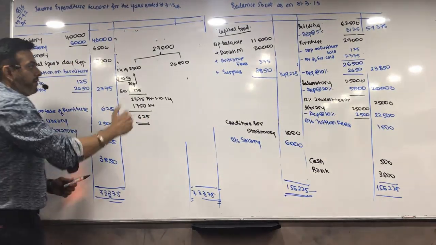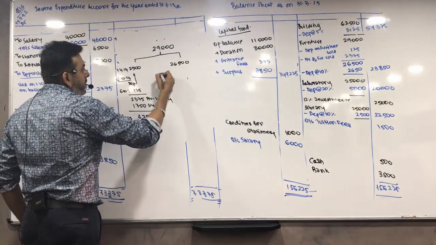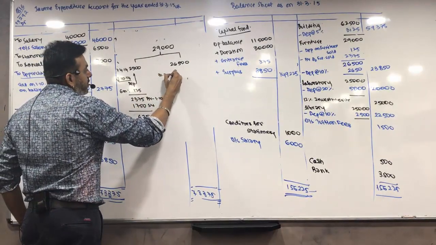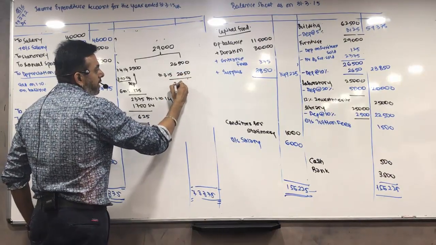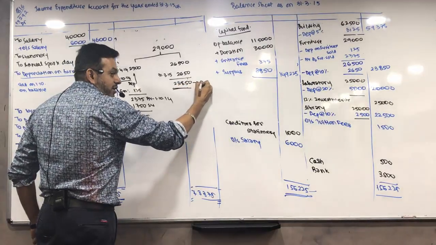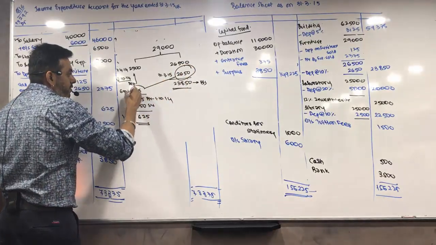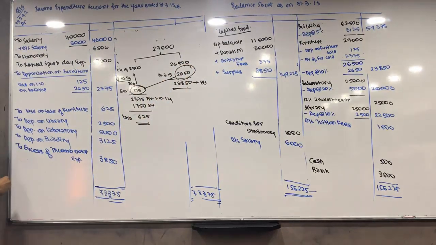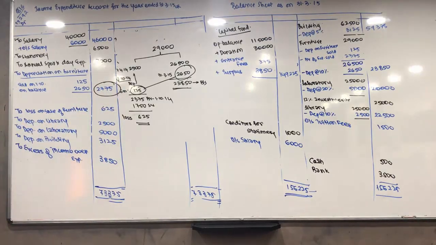Now, this machine is already gone. Here we calculate depreciation as on 31/3/2015, 2650. So what you get is 23850. So this goes to balance sheet. Outer column 2650 plus 125 is your depreciation, 2775. All of you understood this now?